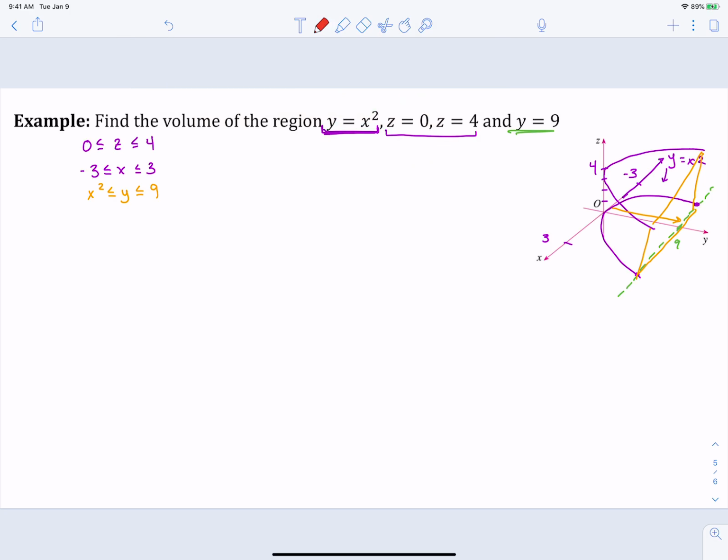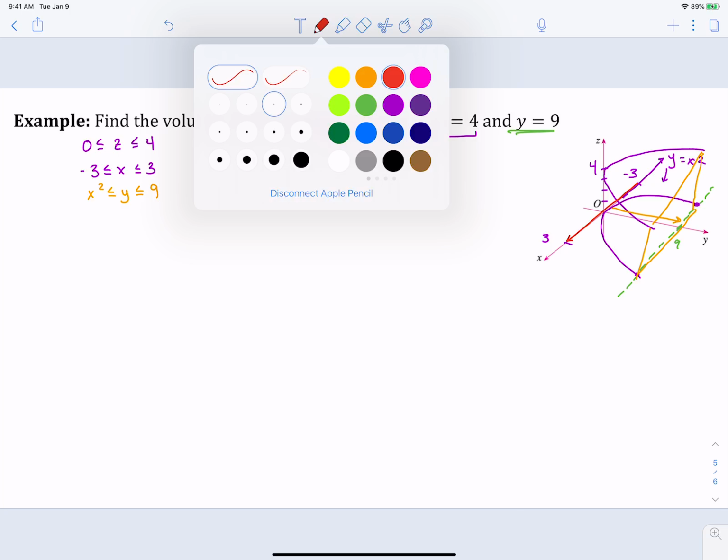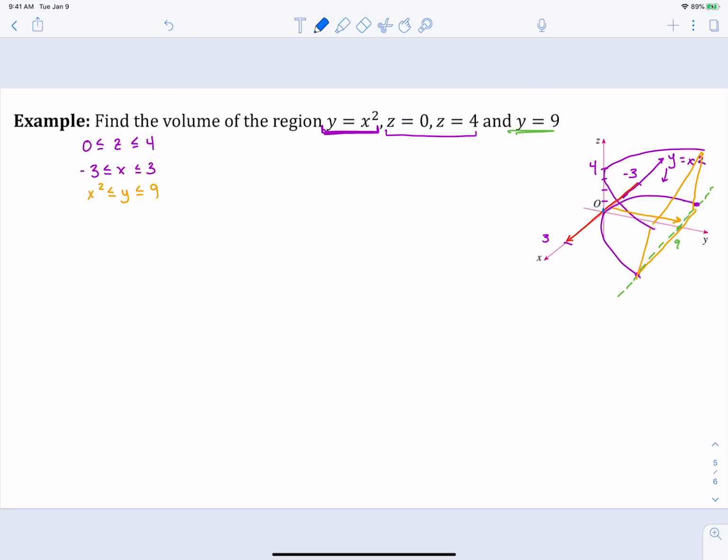And we can see similarly, moving along the x-axis, our lower bound is negative 3 and our upper bound is positive 3. Similar on the z-axis, our lower bound is 0, our upper bound is 4. And so when we're setting up our integral here, it really doesn't matter if we do x first or z first, in terms of the second part of this.